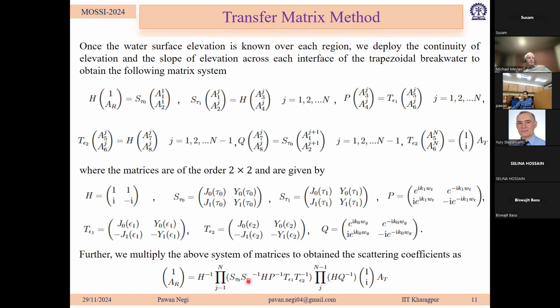I would like to point out that these matrices in general are not commutative, so we cannot change the order of these matrices. From here I can easily compute my reflection coefficient, which is the modulus of AR, and my transmission coefficient, which is the modulus of AT.